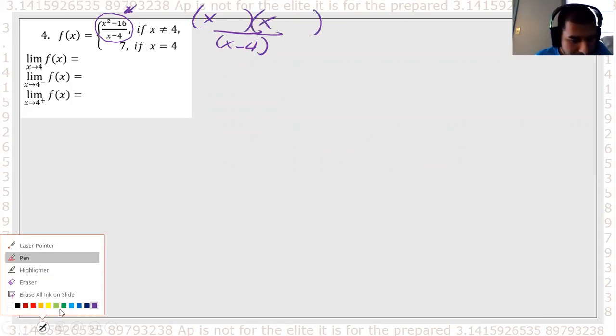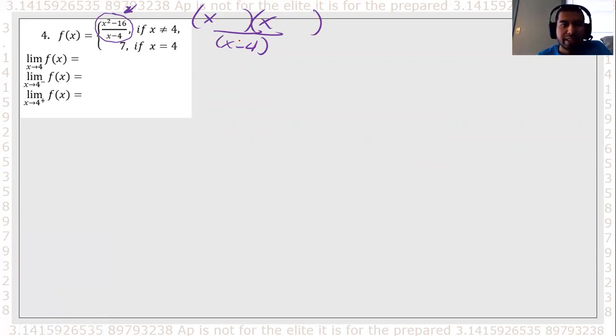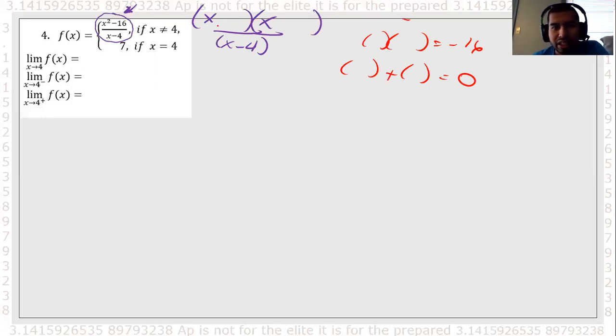We're looking for something that multiplies to negative 16 and adds up to 0, because there's no term in the middle. Hopefully you can see that it'll be negative 4 and positive 4.